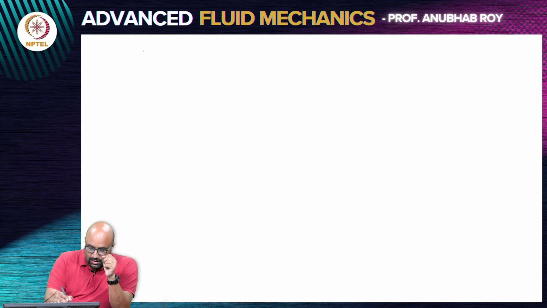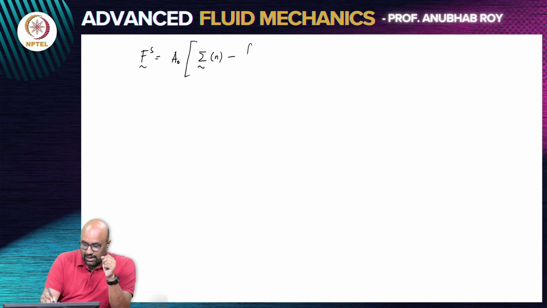So, surface force is, I will take the A naught outside and I have sigma n minus sigma x1 n dot x1.